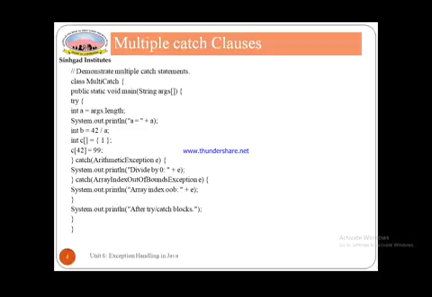Then again there is a catch for the array, ArrayIndexOutOfBoundsException, meaning that if that type of exception is generated, we get it in the catch of ArrayIndexOutOfBoundsException. Then System.out.println of the array index out of bounds exception plus e, then System.out.println after try catch blocks. This is multiple catch statements.